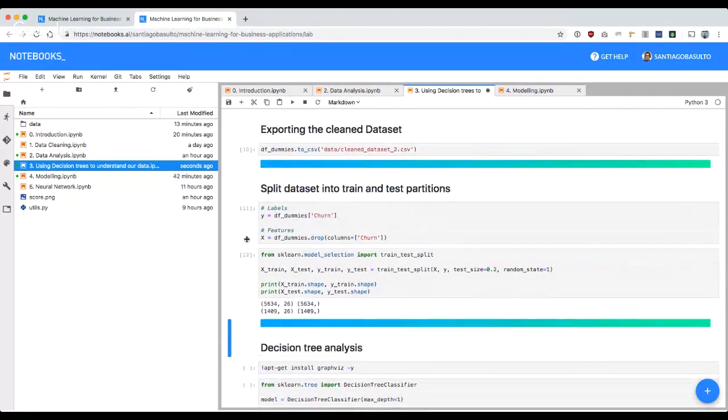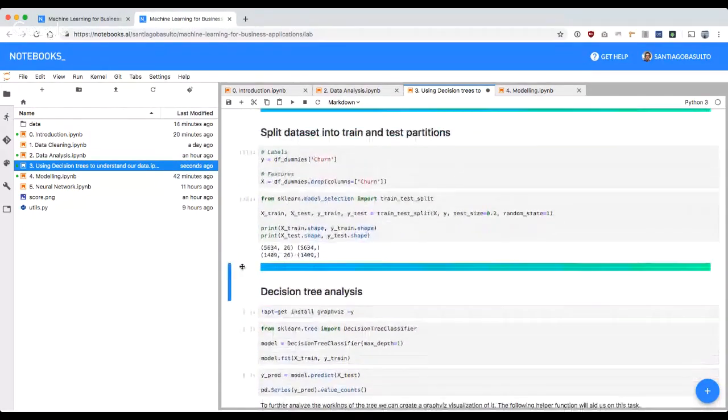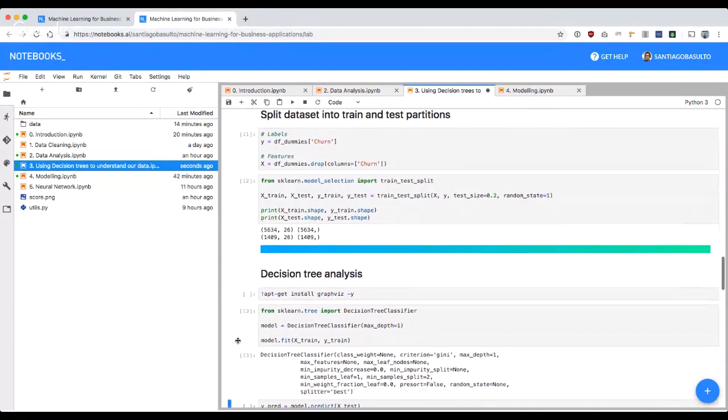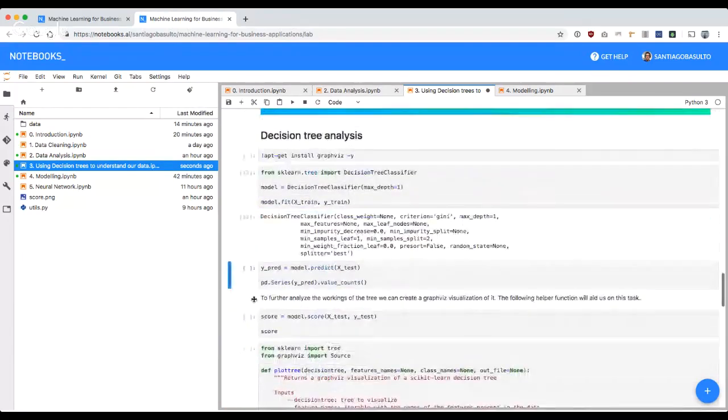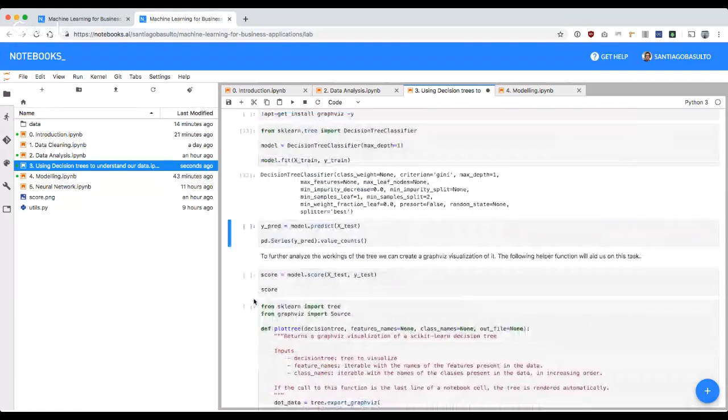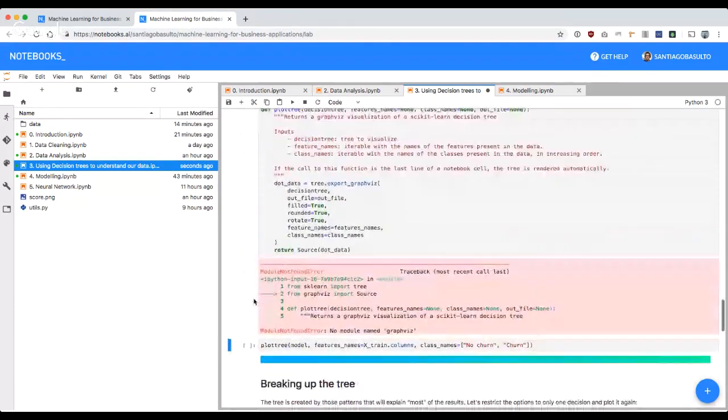So the next thing we're going to do is introduce a decision tree, which is a very simple machine learning model. And what it will do is, actually, let me just show you what it's going to do first.